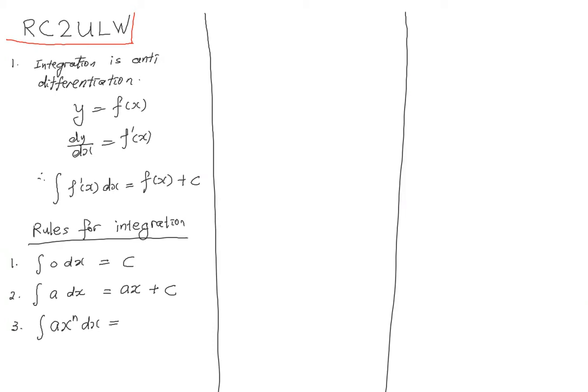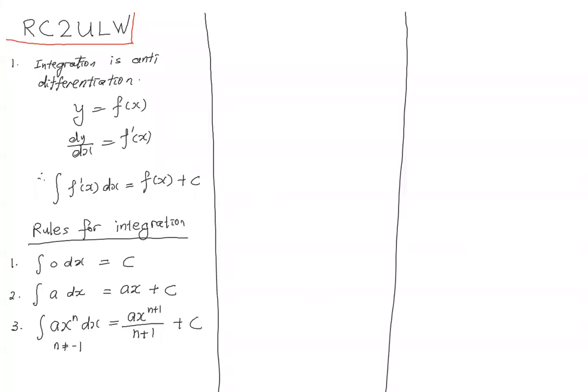I know, but what is the value of n that if it takes the value, then we cannot use this formula? N cannot be negative one. So this is the constraint. So the formula is power plus 1 divided by the new power plus c.